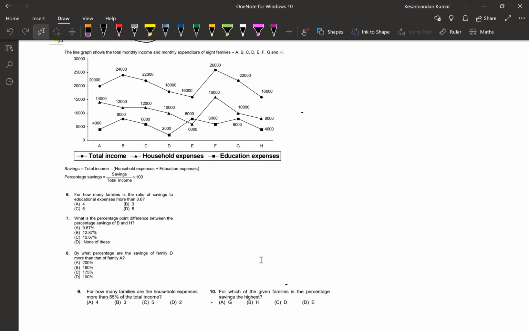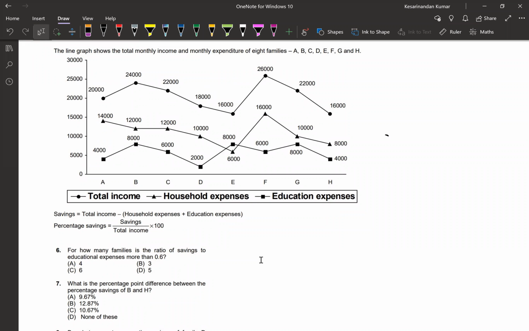Now is it visible clearly? Yes, Kesari. Okay. Household expenses is a triangle and your educational expenses is a square. And you have two important formulas here. One is this and the second is this. So now according to this, you have to answer the questions. That's it.